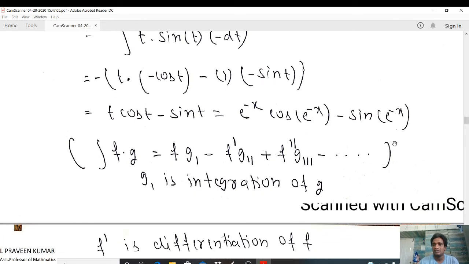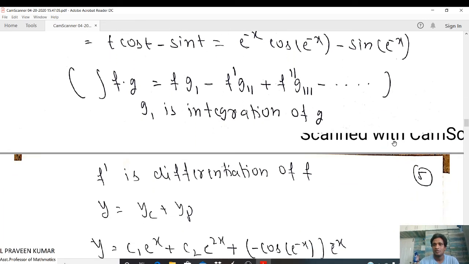Here I said the integration by parts formula. Suppose any two functions are there, f into g. Which function do we assume as f? The one whose derivative becomes 0 after one or two times. In this problem we assumed f as t, because the differentiation of t is 1 and again the differentiation of 1 becomes 0. Here g1 means integration and f dash means differentiation.